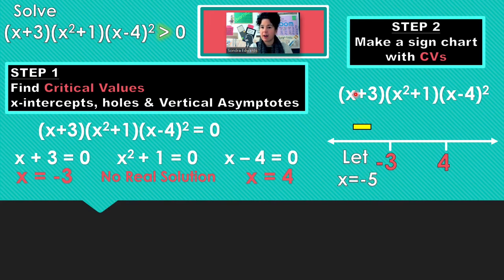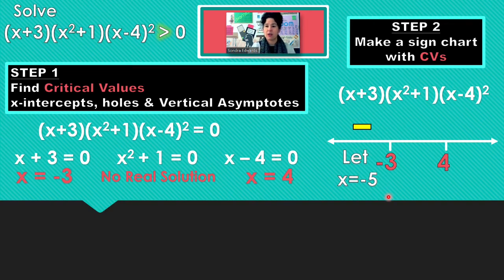So put -5 in there. -5 plus 3 is negative. There's my first negative. -5 squared plus 1, that's a positive. Okay, so I don't care about that. -5 minus 4, that's a negative number, but that negative number is squared. So we're going to have 2 more negatives for a total of 3 negatives. So if we multiply 3 negative numbers together, our answer was negative.